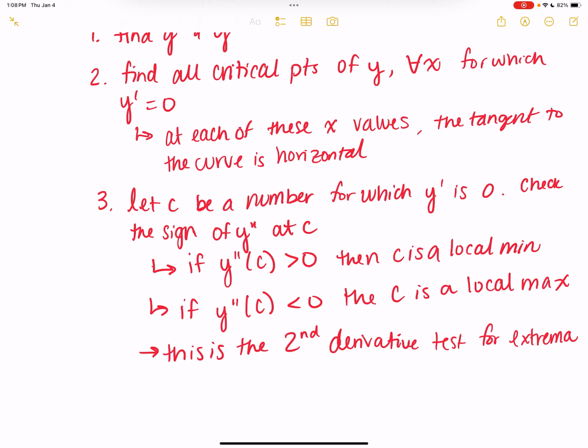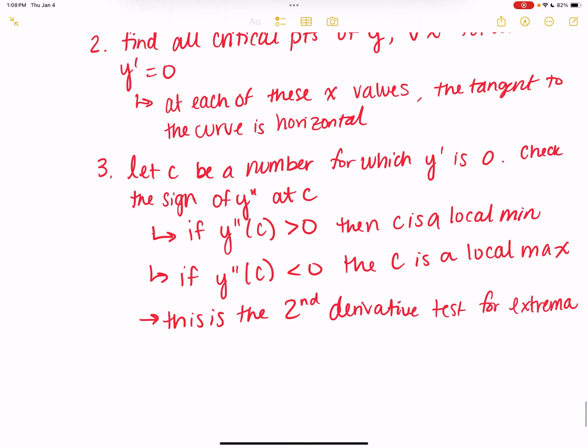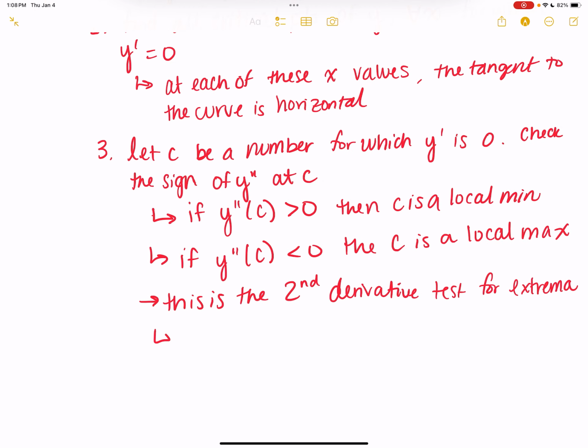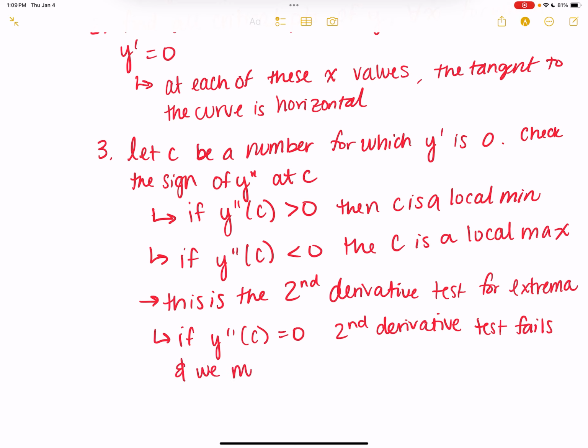Yeah, if it equals 0. So if the second derivative evaluated at the point is equal to 0, if y double prime of c is equal to 0, the second derivative test fails, and we must use the test in the next step.